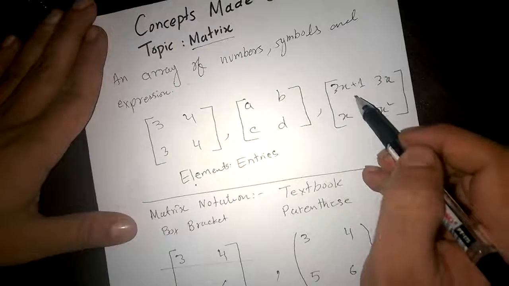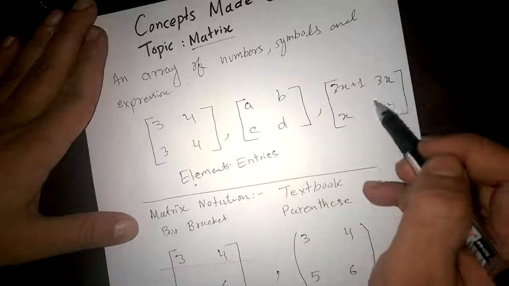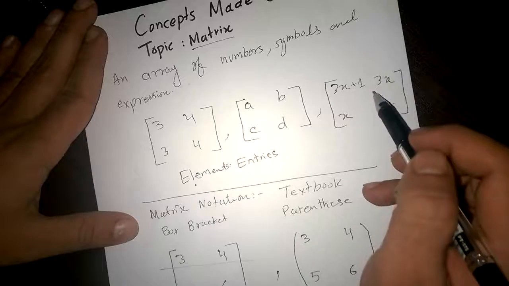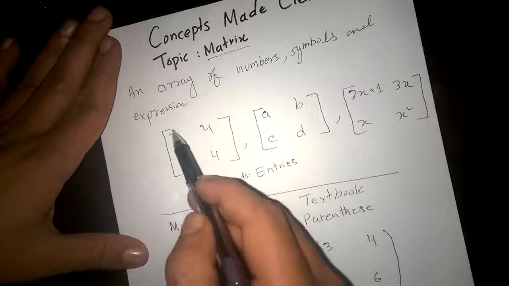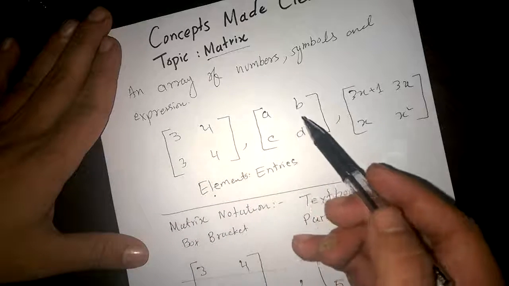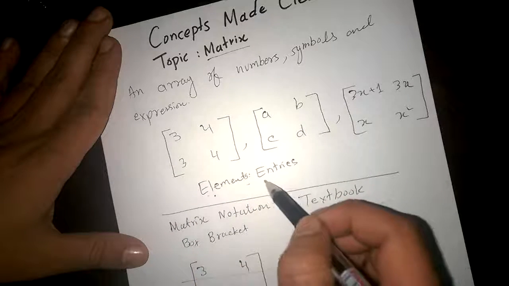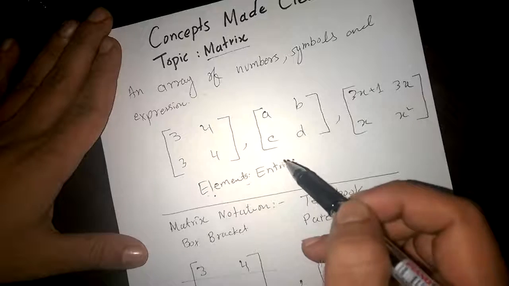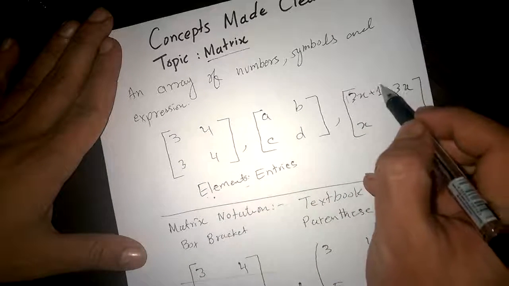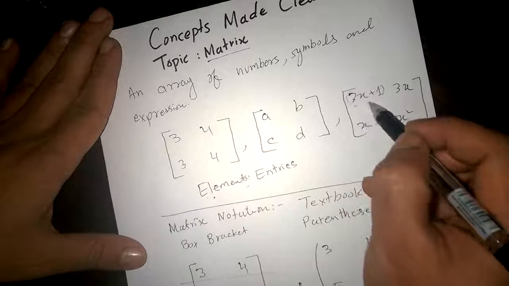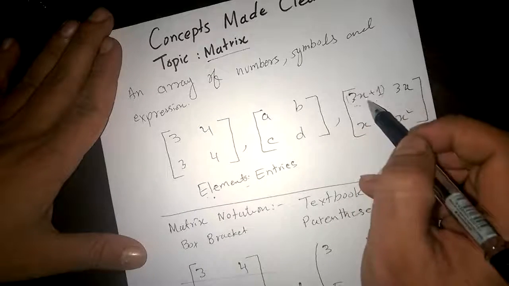Right here it's got some expressions in it and it still is a matrix. So each individual atom is called its element or its entry. Now don't be confused by that. It is considered a single entry, a single element.